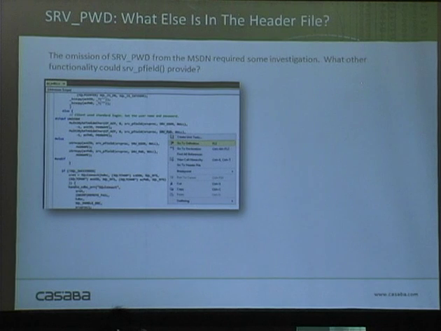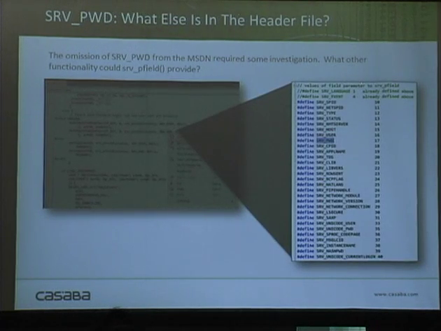But when you look at SRV pfield, you realize that that wasn't in the listing on MSDN. They had all the other fields, but not that listing. So it stands to reason maybe there's some other stuff that this function is going to support. So you go into your development environment, you go to that value, and then you pull it up in the header.